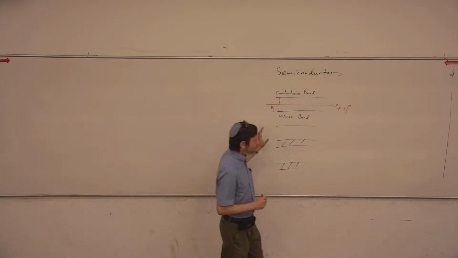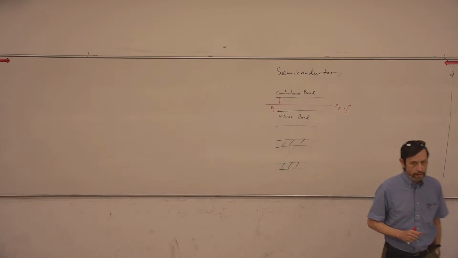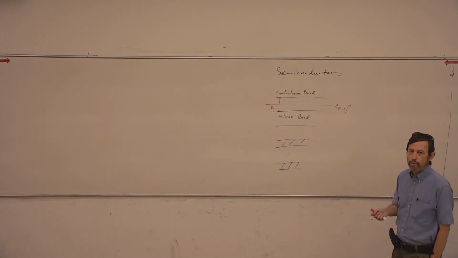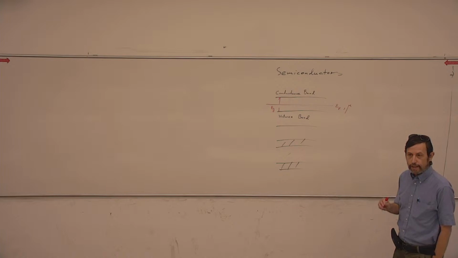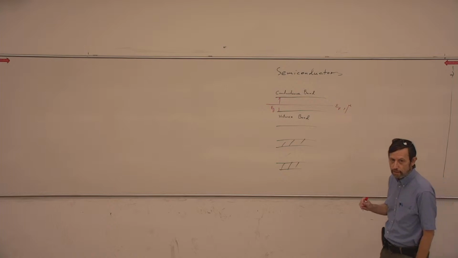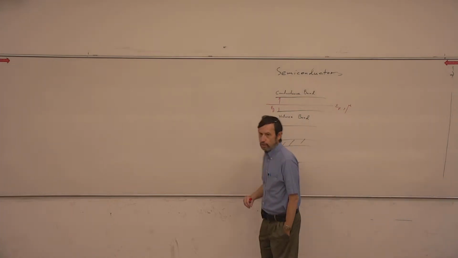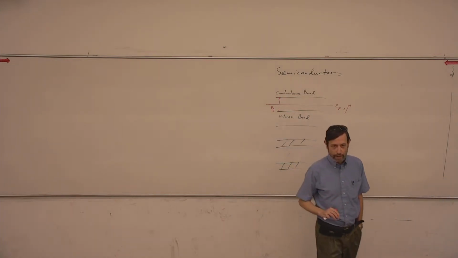Now, the second part of this lecture will be devoted to impurities. We'll see that a small number of impurities in this semiconductor will completely change the properties of the system.